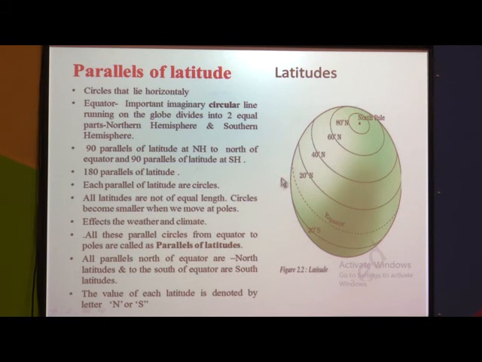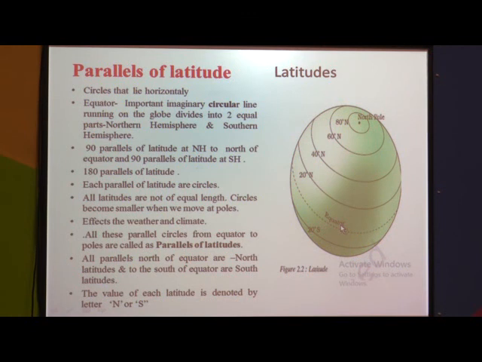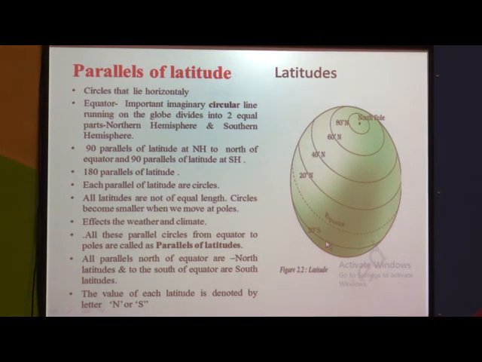So how many parallels of latitudes are there? There are 90 parallels of latitude in the northern hemisphere, and in the same way in the south there are 90 parallels of latitude, again 20 degree, then 40, 60, 80, and then 90 degree, that is the south pole.